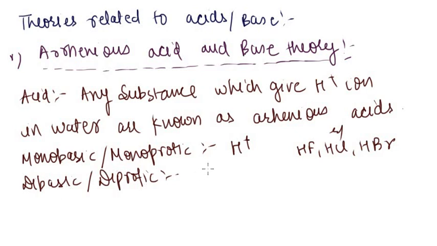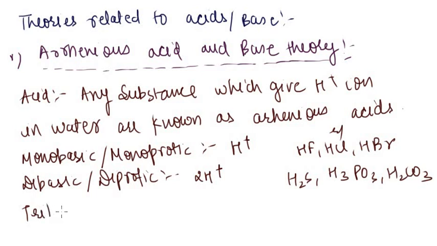It releases 2 H plus: 1 mole of acid releases 2 moles of H plus, like we've seen in case of H2S, H3PO3, H2CO3, etc. Third is tribasic or triprotic, where 1 mole of acid releases 3 moles of H plus in the solution, like H3PO4.